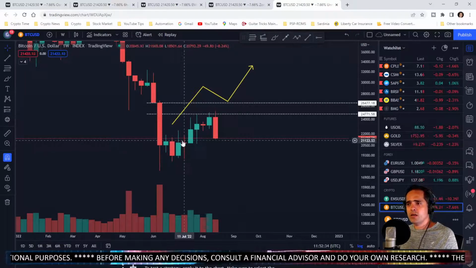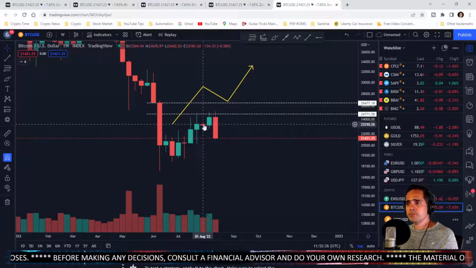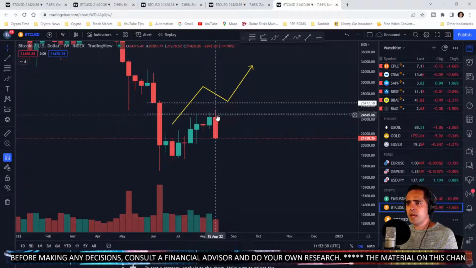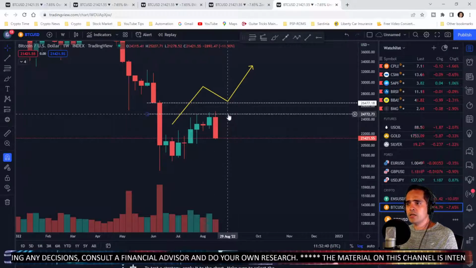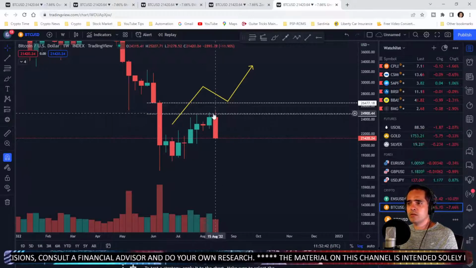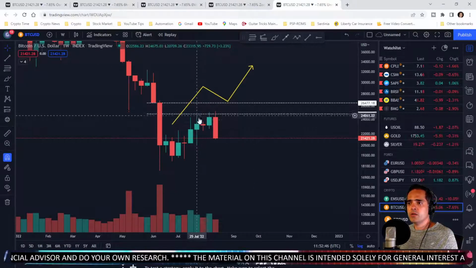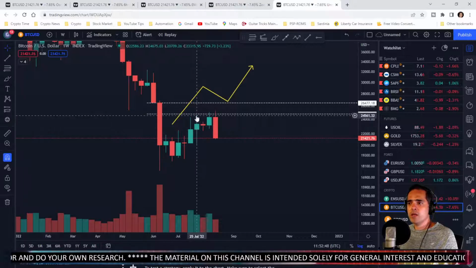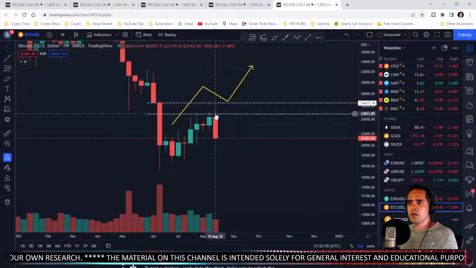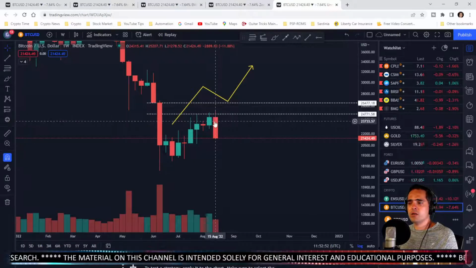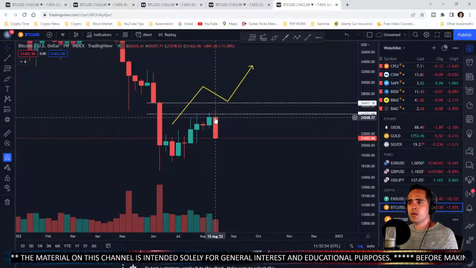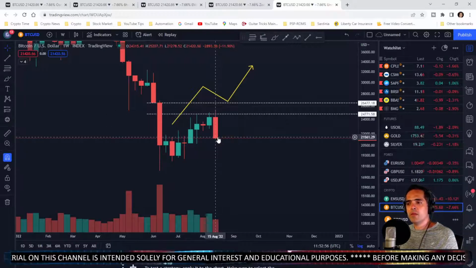We see that for a couple of weeks the price actually touched, for 3 weeks actually: this candle right here, then this one right here, and finally this week here. And now it's going back down.